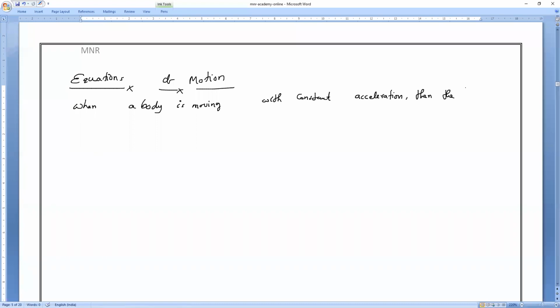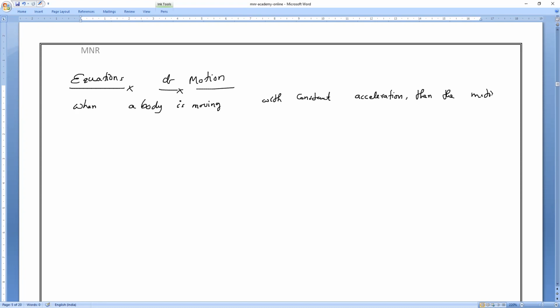When the body is traveling with a constant acceleration, constant acceleration means the velocity is changing uniformly. So then the body is said to be accelerated or not? Everybody? Yes, sir.